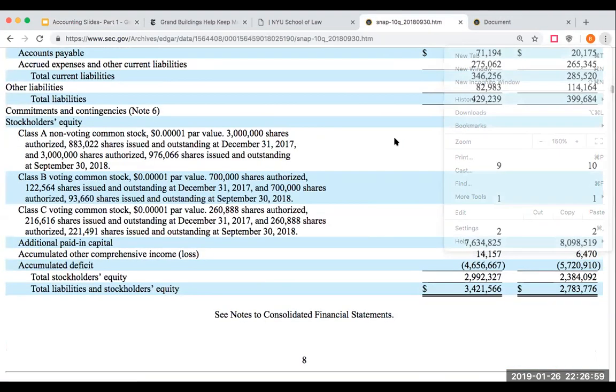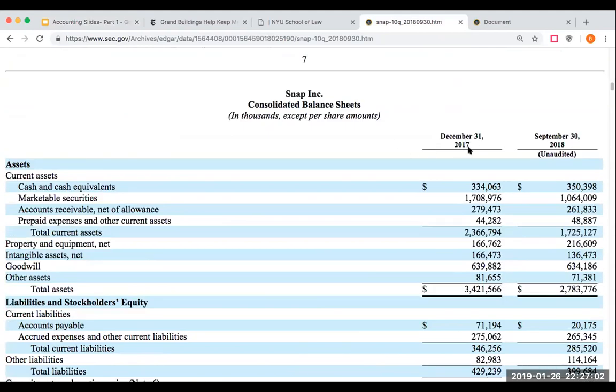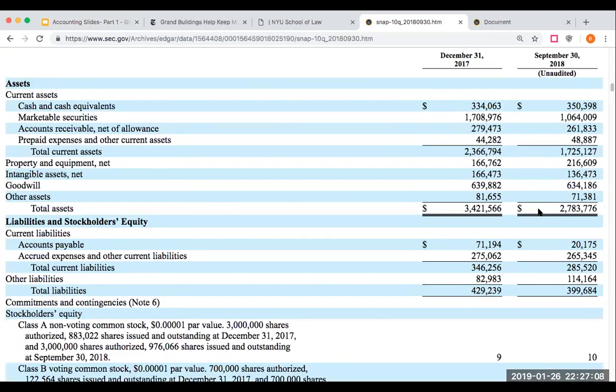Their balance sheet here is as of December 31st, 2017. They also have one here for December 30th, 2018. But if we look at September 30th, 2018, their total assets were $2.7 billion.